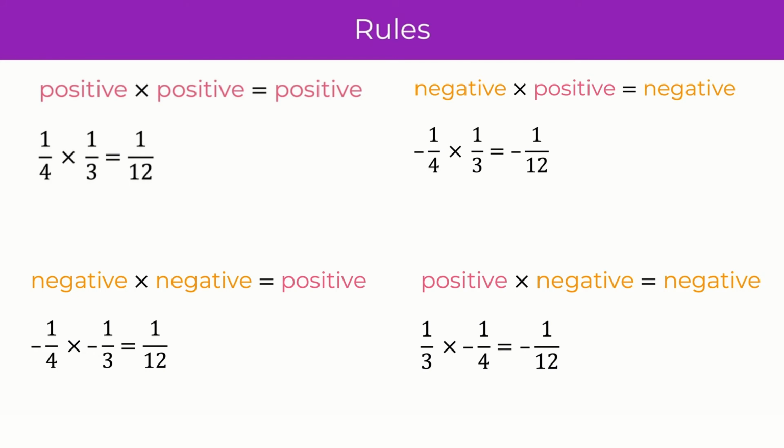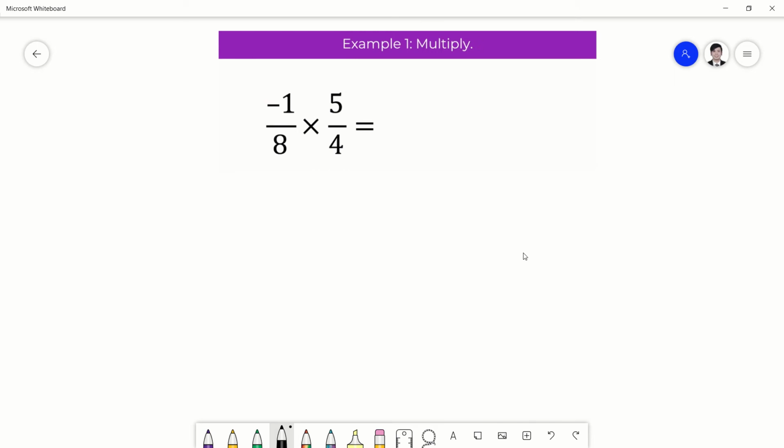Let us try some examples. Example number 1. Multiply negative 1/8 times 5/4.